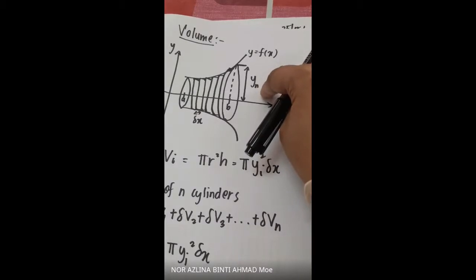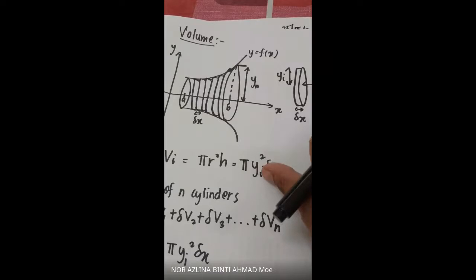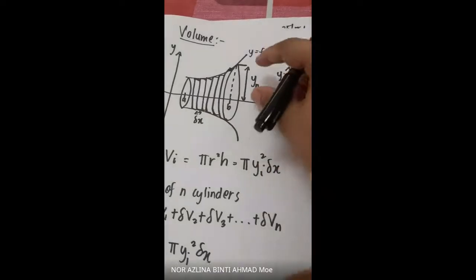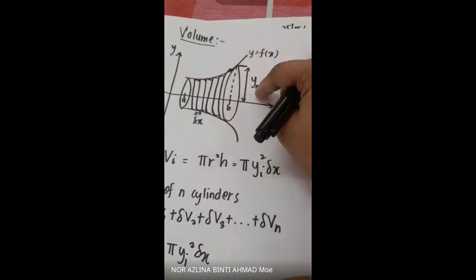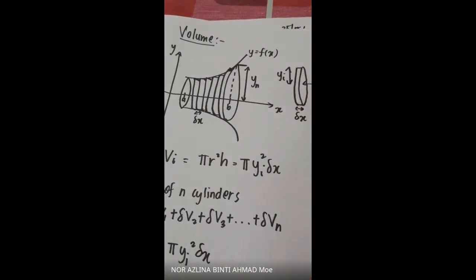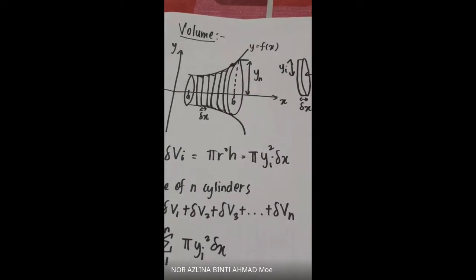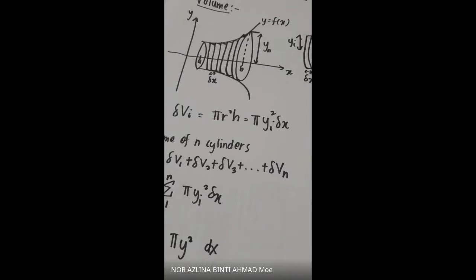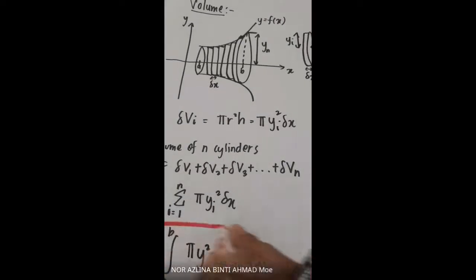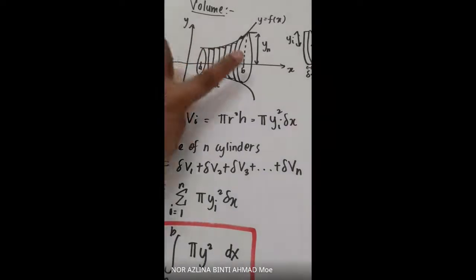Yi ni means Y1, Y2, Y3 and the bigger cylinder, the radius must be Yn. So that is the first formula for volume when we use value of x.